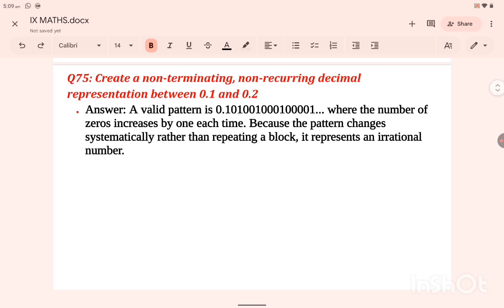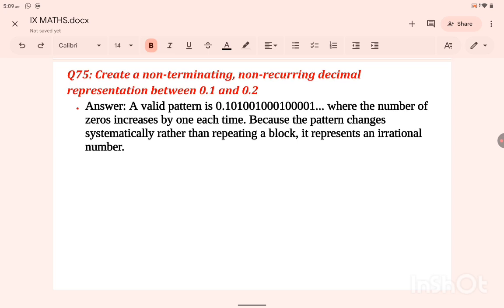That means we should write an irrational number in between 0.1 and 0.2. How many irrational numbers are there in between 0.1 and 0.2?